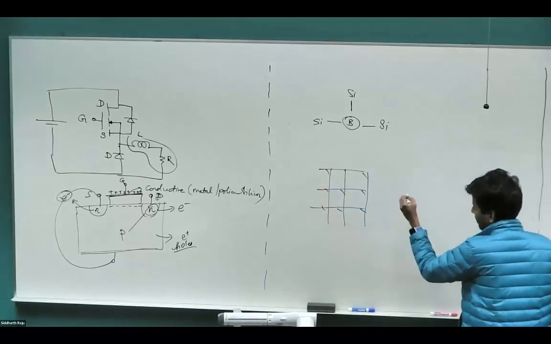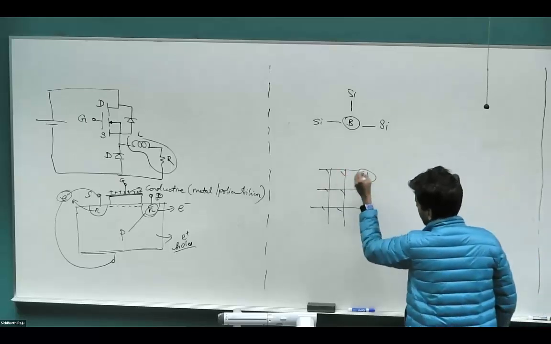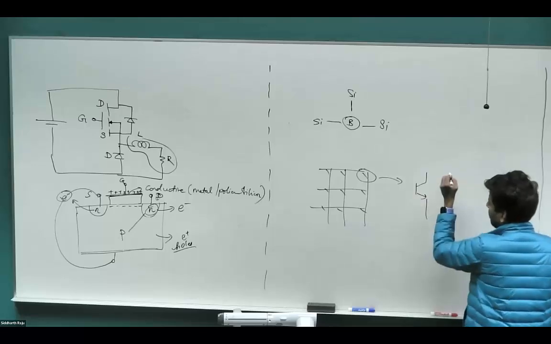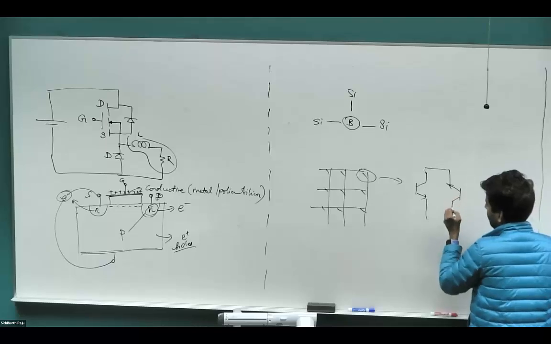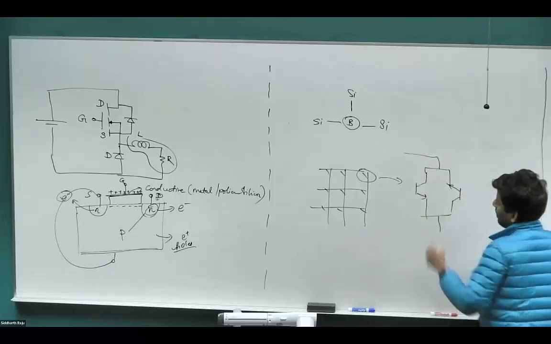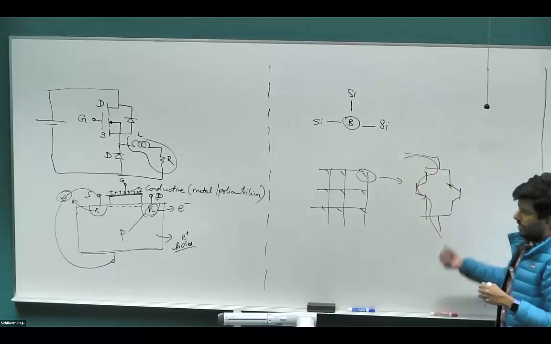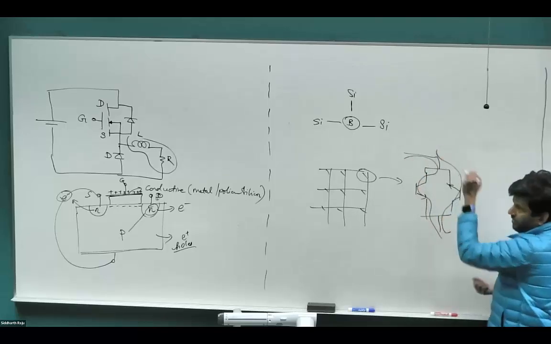And the way we accomplish this, there are multiple ways of creating the switch. One configuration in which you can create the switch, right? So if I turn on the switch, current can flow like this. If I turn on the switch, current can flow back like this.